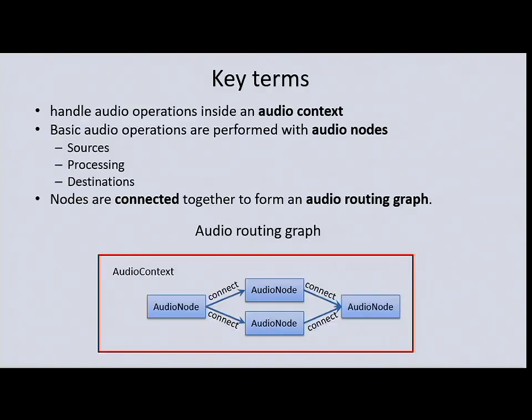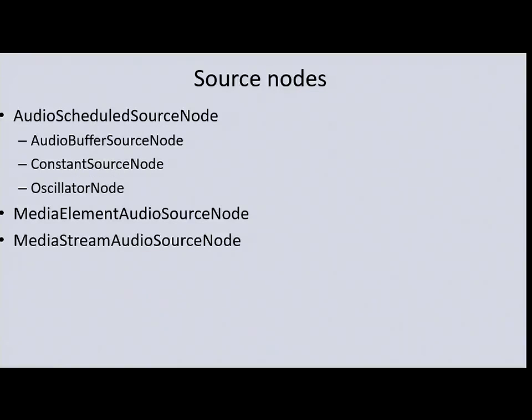So I'll go through all of the possible nodes built into the Web Audio API. I can do that because, like I said, it's quite minimalist. The types of source nodes are media elements, so recorded audio or media streamed audio, and a scheduled source, of which you can have a buffer.